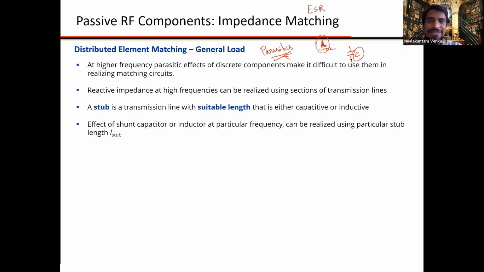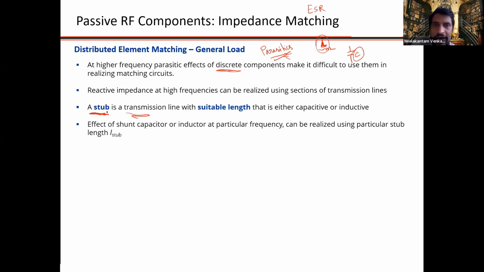So instead of using such discrete components, like L and C, what you can use is the so-called transmission line as a stub.